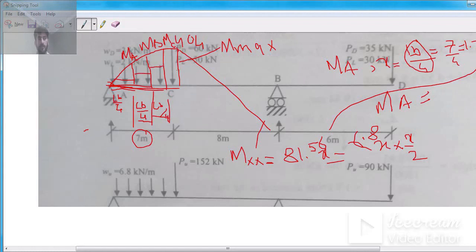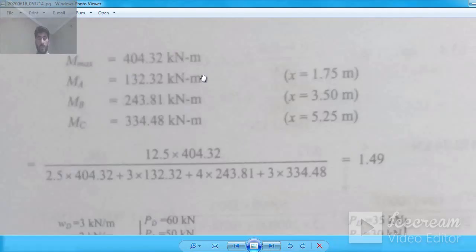Okay, so that's the procedure. I explained this whole procedure in that lecture. So that's why they consider 3.50, 5.25. You must know it. This distance is double of this one and this distance is triple of this one, because you have to consider the moment from the left side.